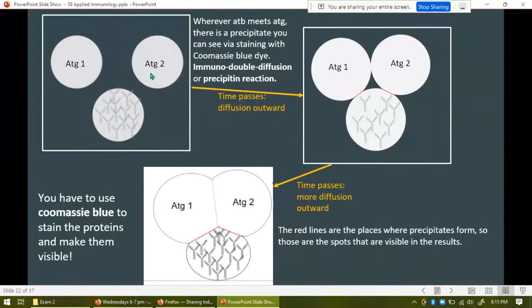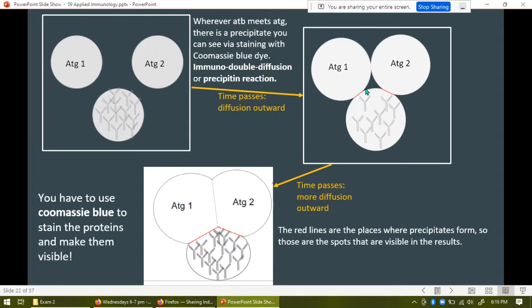So here's what this actually looks like. You start with it looking like this. You have antigen 1 and antigen 2 in 2 different wells, and then you have your antibodies, okay? Now, when an antibody meets antigen, there is a precipitate that you can see after you stain the gel with Coomassie blue dye. So as time passes, these molecules diffuse outward radially, like the circle that they're in enlarges and enlarges.